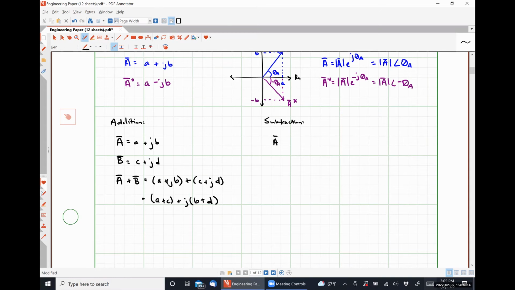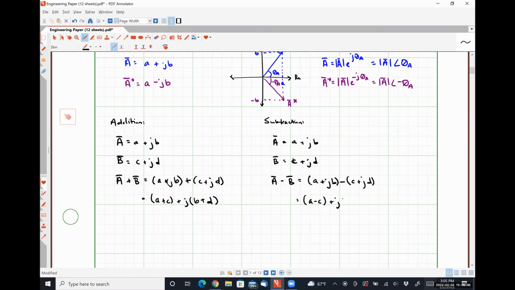So if we have the same complex numbers, A is A plus JB, and B is C plus JD, then A minus B looks like A plus JB minus C plus JD, giving us A minus C plus J times B minus D. If you are going to do addition and subtraction by hand, you have to do it using rectangular form complex numbers.